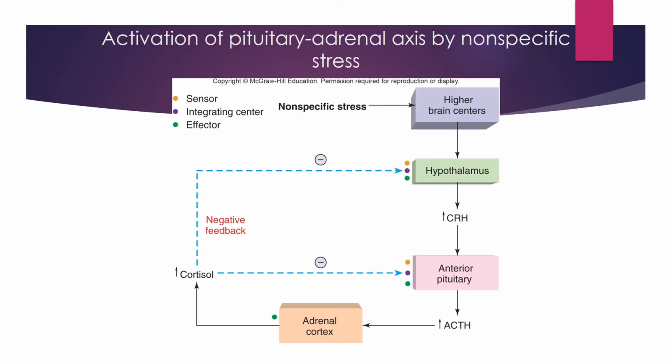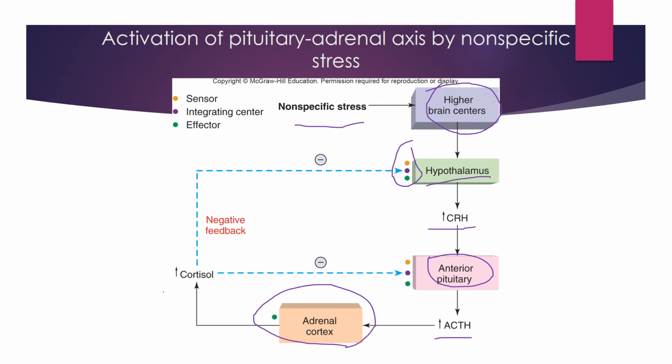When we look at the negative feedback under just acute situations of stress, if we respond to some type of non-specific stressful situation, that's going to activate higher brain centers. Then the sensor, integrator, and effector are all going to be the hypothalamus. The hypothalamus is going to increase the amount of corticotropin-releasing hormone, which influences the anterior pituitary gland to increase the amount of adrenocorticotropic hormone produced, which then affects the adrenal cortex to increase cortisol levels.